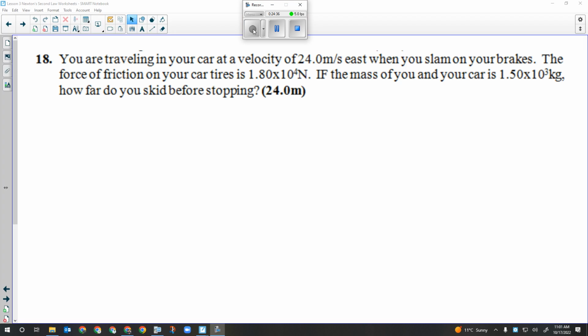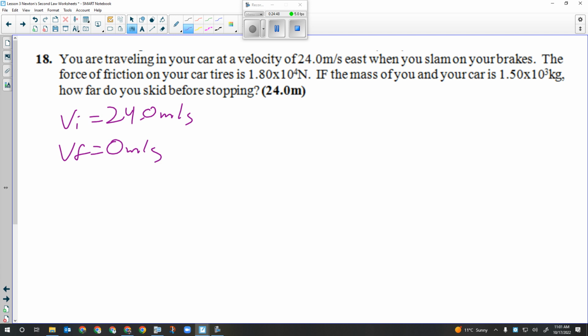Okay, so for number 18, we know that v_i is 24.0 meters per second. We know that v_f is 0 meters per second. We're looking for d.